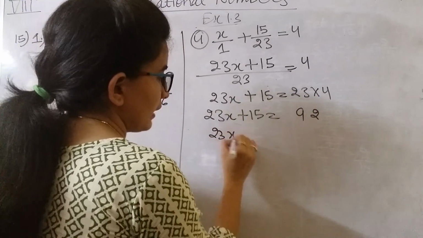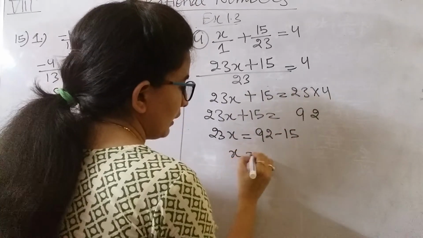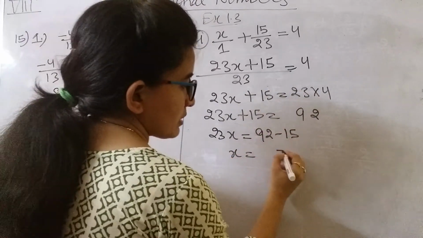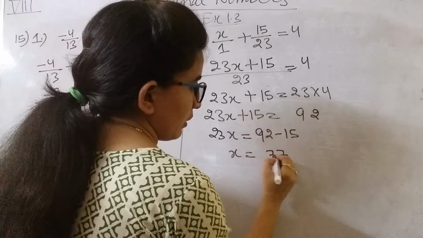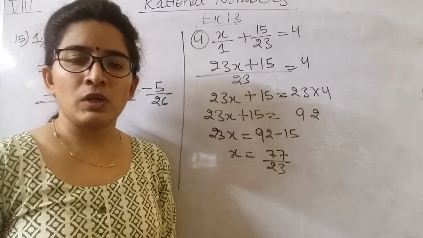So 23x equals to 92 minus 15, that is 12 minus 5 is 7 and 8 minus 1 is 7. So again our answer will be 77 upon 23.